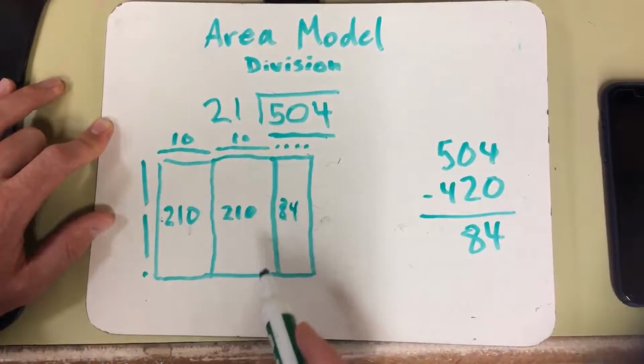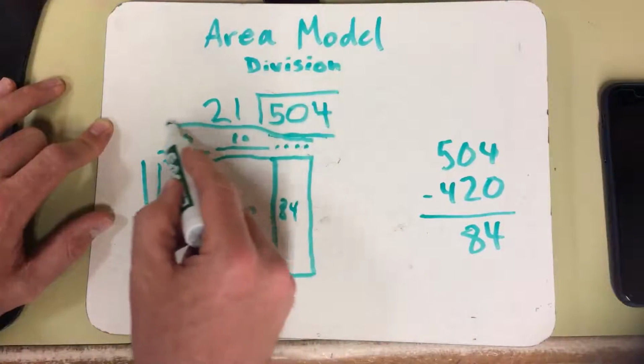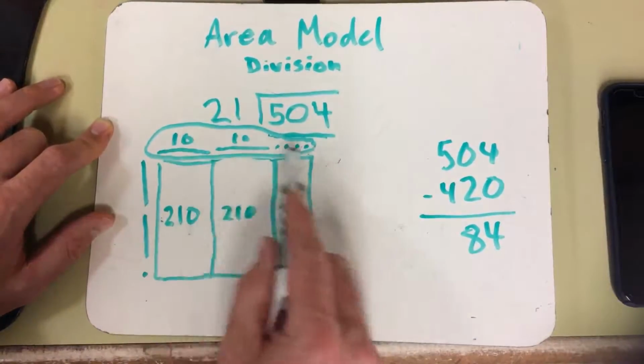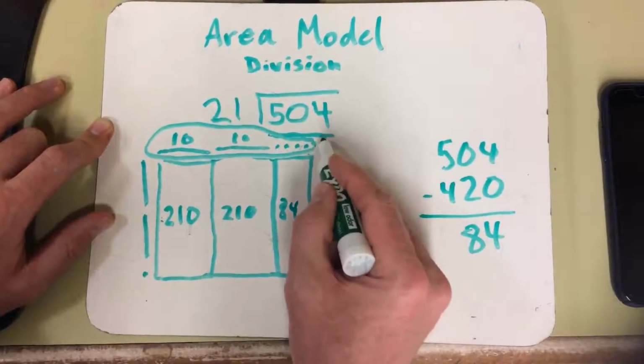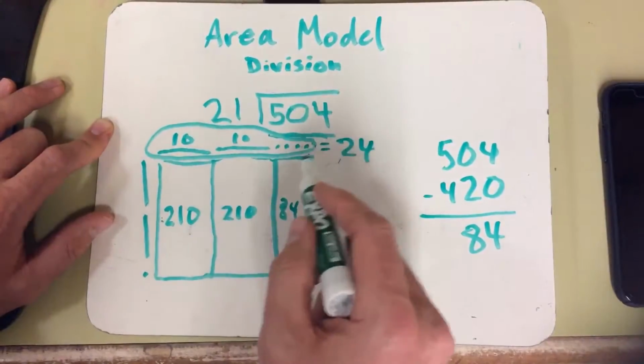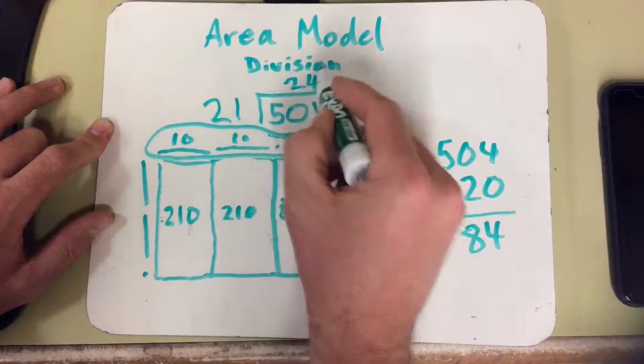So the answer to the area model is this stuff up here. These are giving us the dimensions, the unknown dimension of our area, and in this case it's 24. So the answer to 504 divided by 21 is 24.